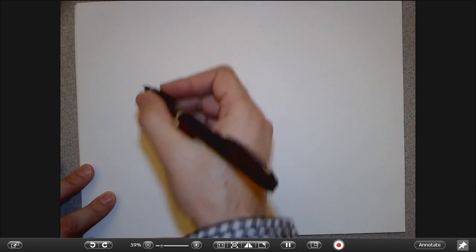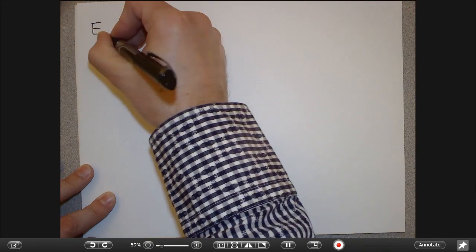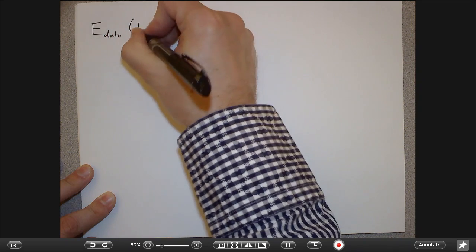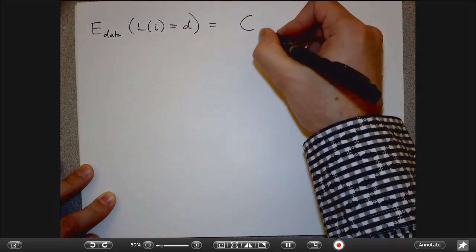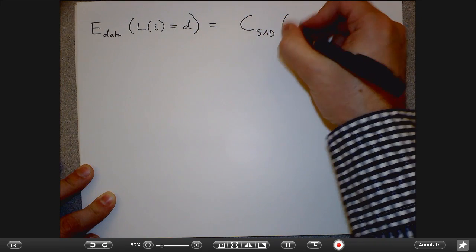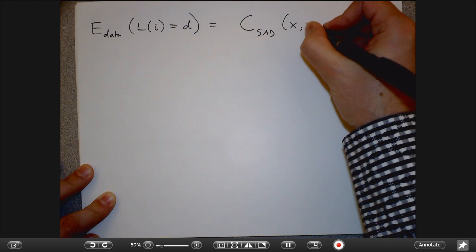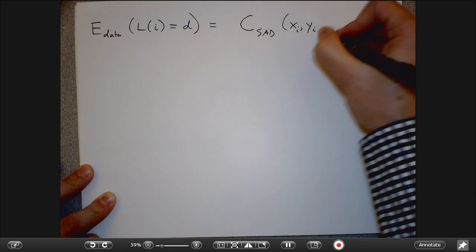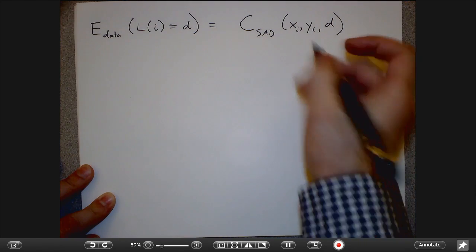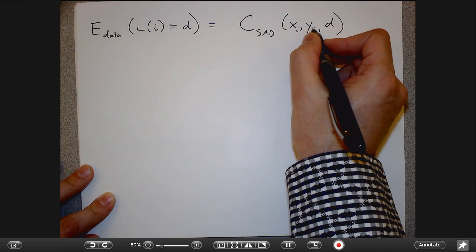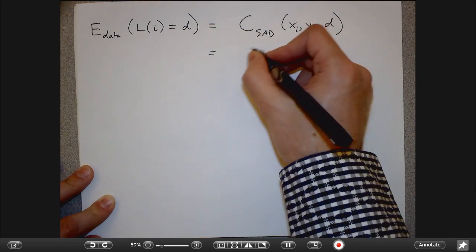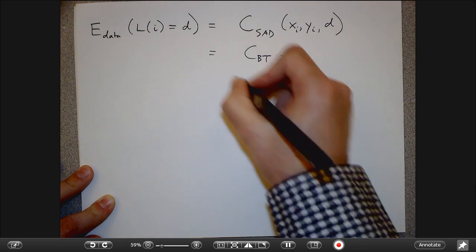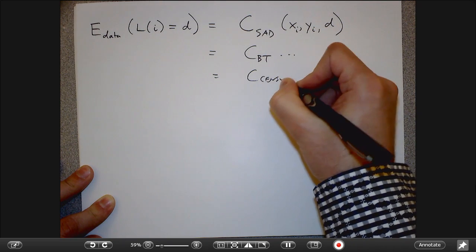I could say the data term saying that the label of pixel I is equal to D could be, for example, the sum of absolute differences cost function at the xy position corresponding to pixel I with this hypothesis D. Or I could make this the Birchfield-Tomasi function, or the Census transform function, right?